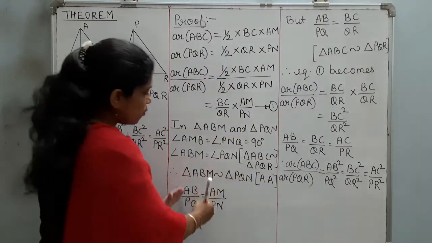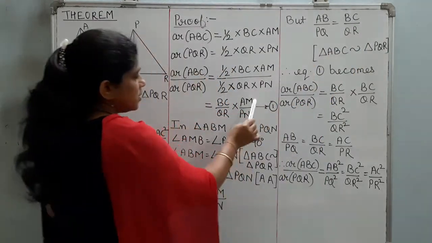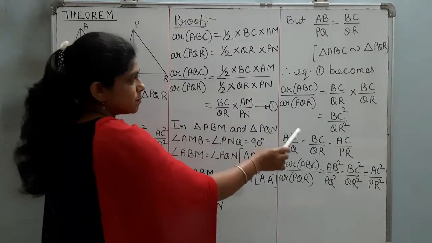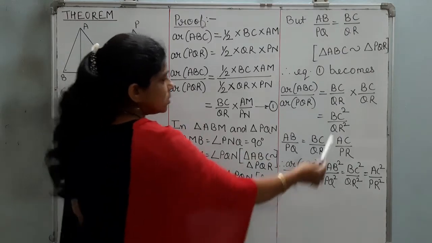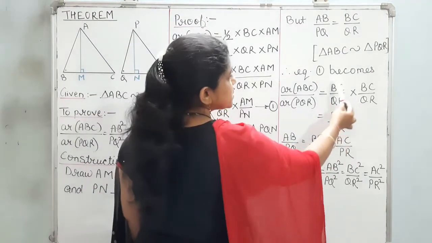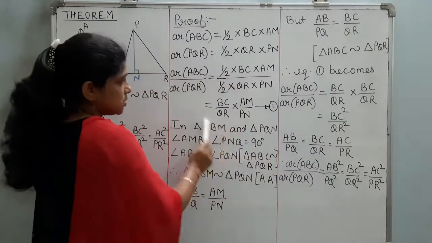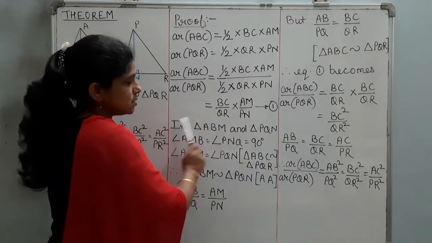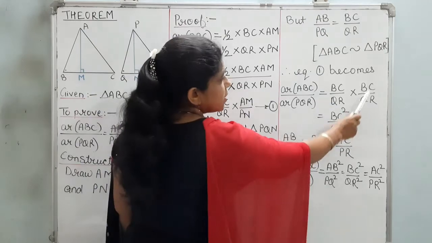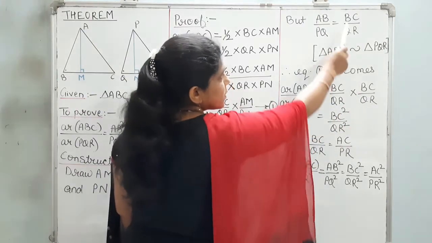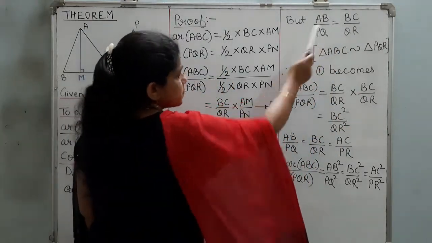So from these two steps, our equation 1 becomes area of ABC upon area of PQR is equal to BC upon QR. This BC upon QR remains as it is. This AM upon PN is replaced by BC upon QR. The explanation is in these two steps.